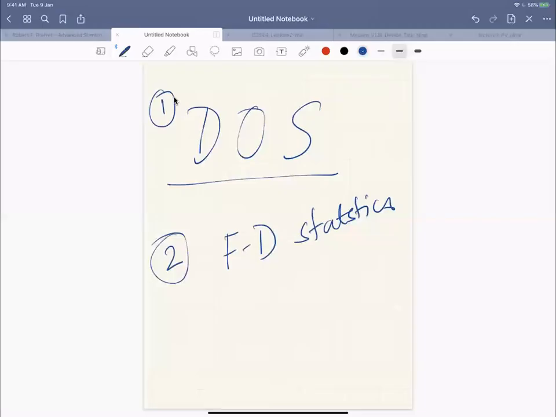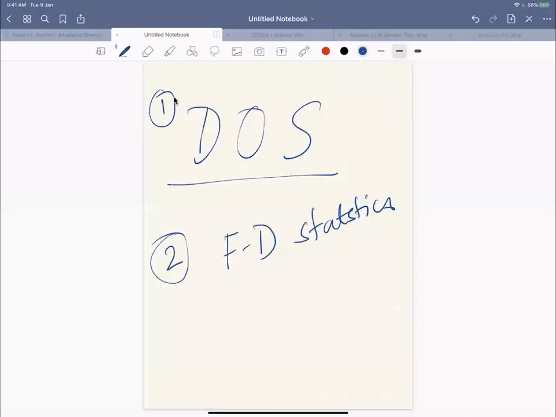Number of states where the electron can go in the conduction band. But how can this be density? What do you mean by density of states? Nishant?